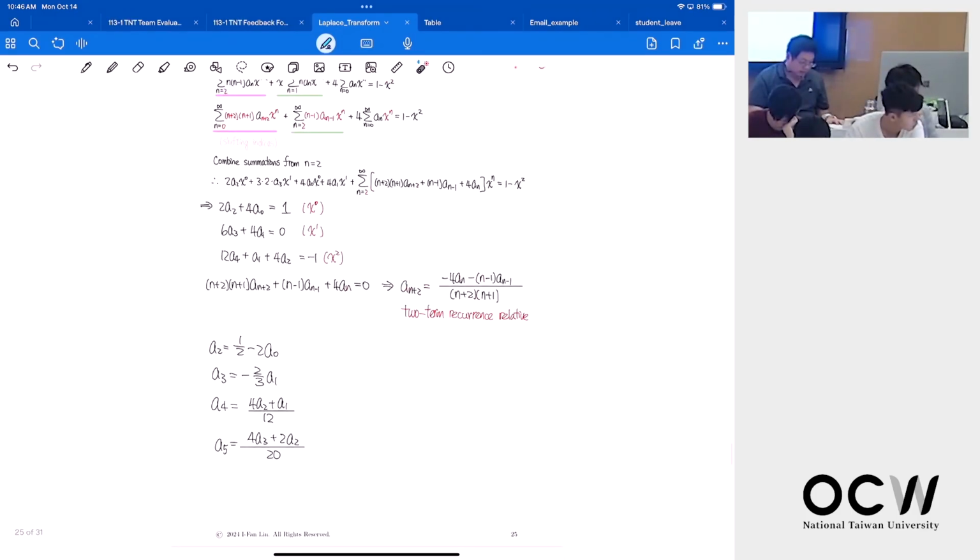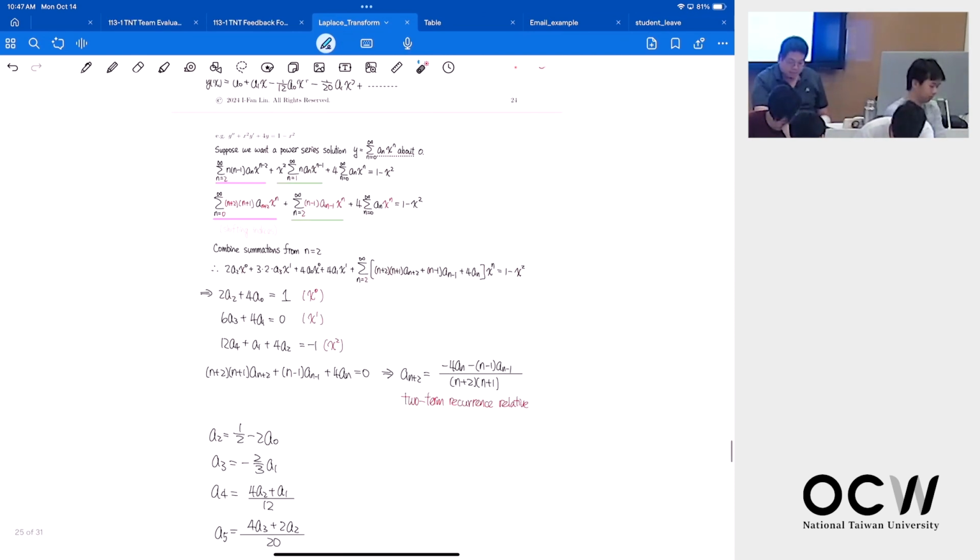Now let's see one more example about this power series. As so far you can see that for the power series, there is no difficulty about solving that. It is just tedious work. So you need to be patient and manage those indices. Okay.